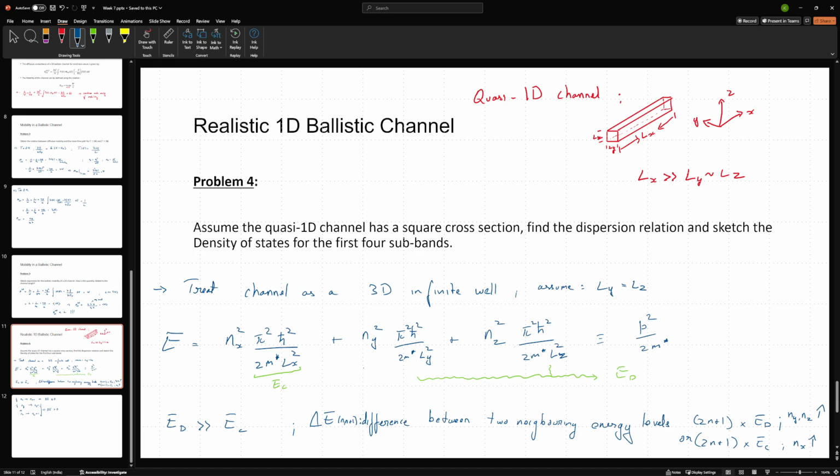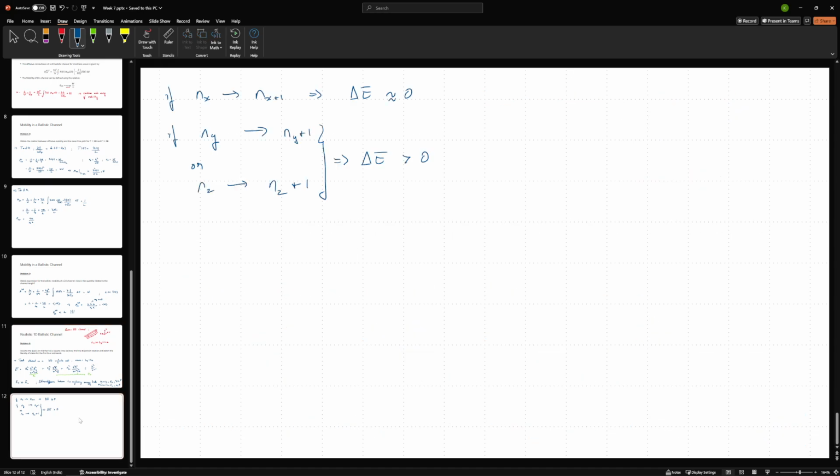Now, along the x direction, momentum is more or less continuous. Energy is not quantized.